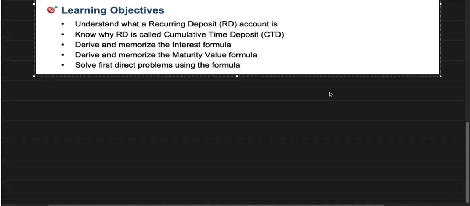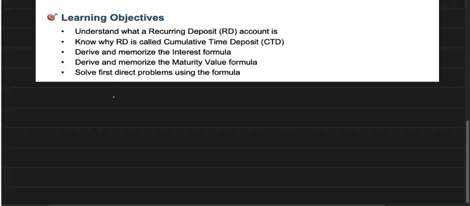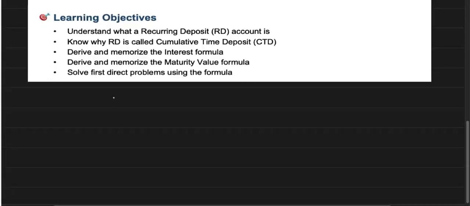So here, let me write a real life story. Your dad is putting rupees 2,000 every month on a monthly basis in a recurring deposit. For how many years?